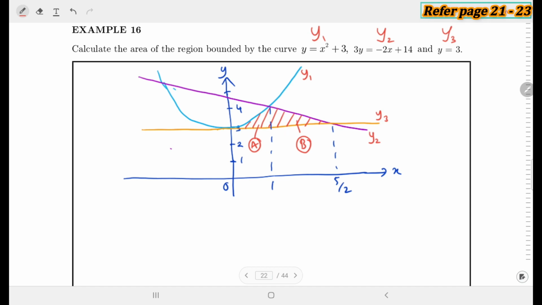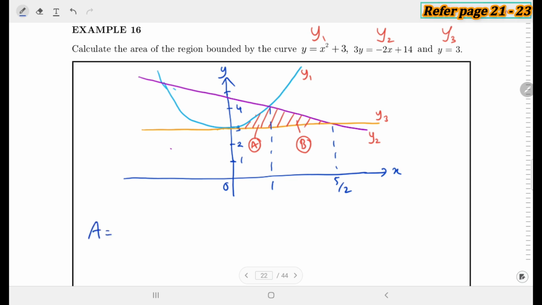Because in every single part, there are limited functions involved. If you look closely at part A, only two curves are involved, the blue one and the orange one. On the next side, in part B, the curves involved are only the orange one and the purple one.